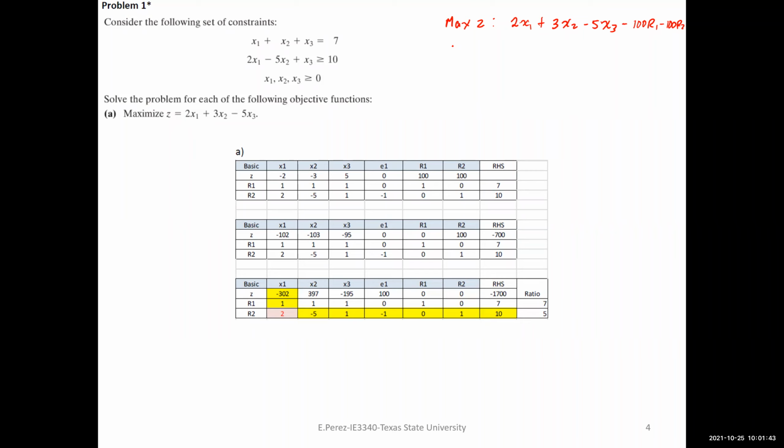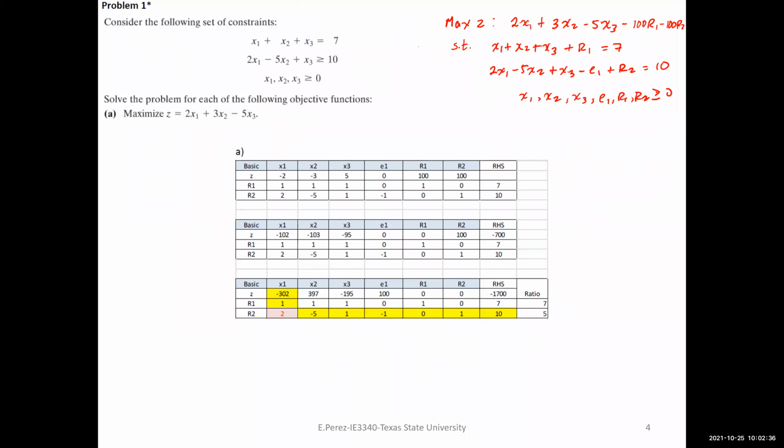Okay. Then the subject to: x1 plus x2 plus x3 equals 7, 2x1 minus 5x2 plus x3 and so on.